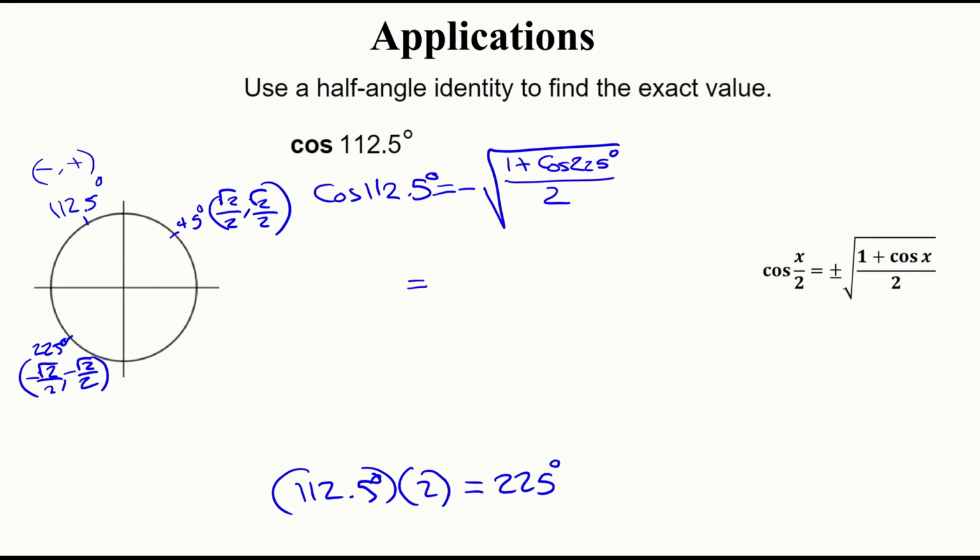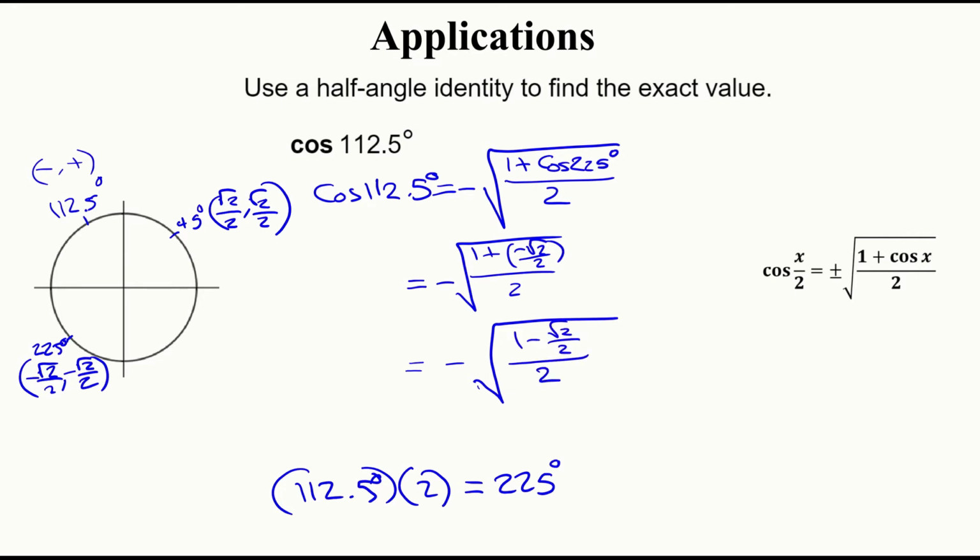So we get negative square root of 1 plus cosine of 225, as we determined, is negative square root of 2 over 2, and all of that over 2. So we end up with negative square root of 1 minus square root of 2 over 2 all over 2.